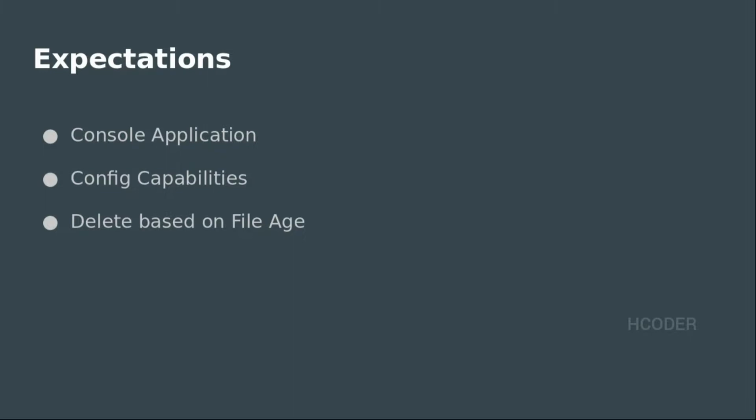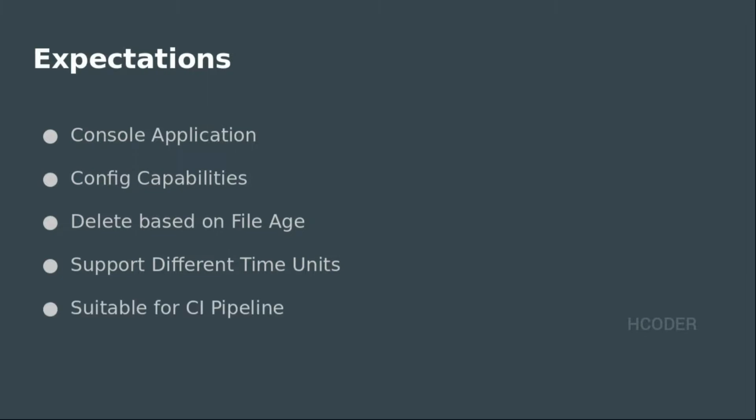That's how we are going to design it, and it should support different time units. Specifically, like we could specify 1 day or 1 week or 1 month, these units, right? So we are going to support it, and the whole application is suitable for CI pipeline like Jenkins.